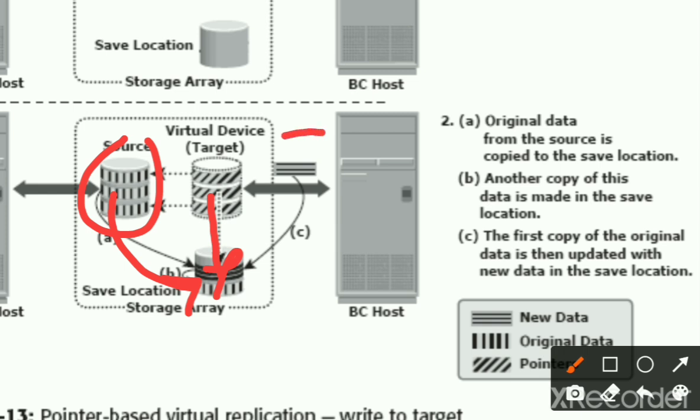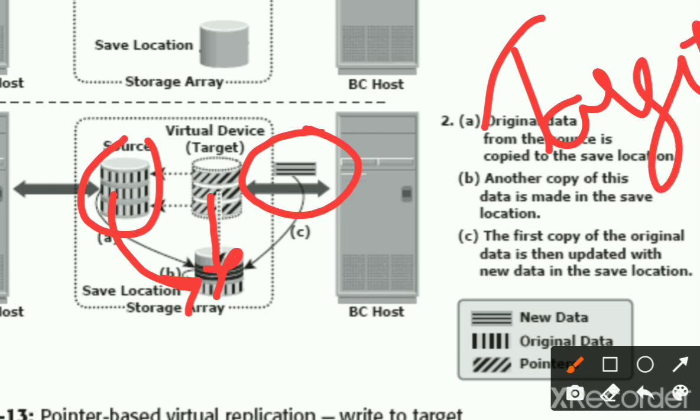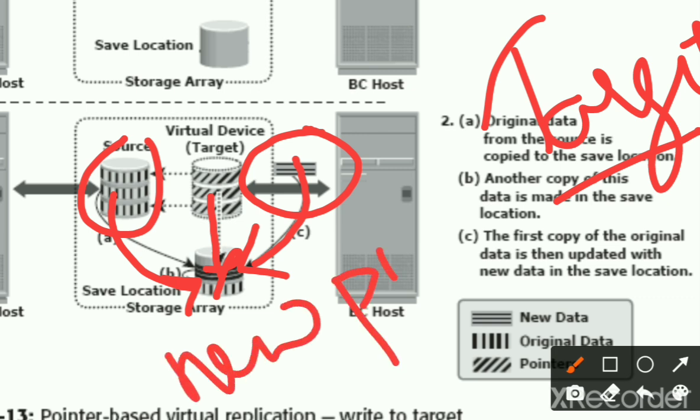And whenever new data is coming from the target side, please remember, at the target side the new data is coming, and that is copied to the save location. So when the new data is coming, there is no need for a new pointer to be pointed.